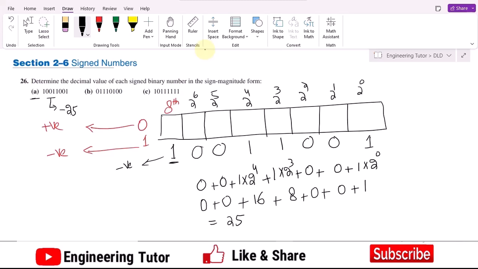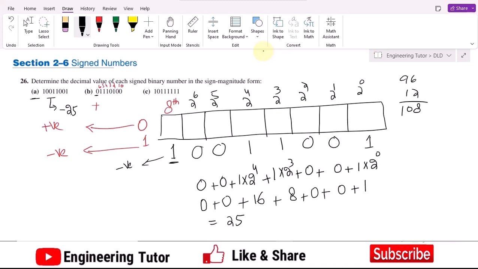Similarly, now converting the next one into decimal as well. We can see that this bit here is 0, so it would be a positive number. Similarly, 0, 1, 2, 3, 4, 5, 6. This 6 is how much? This is 64 plus 32, 96. 96 plus 12 is 108. 108 plus 4 is how much?